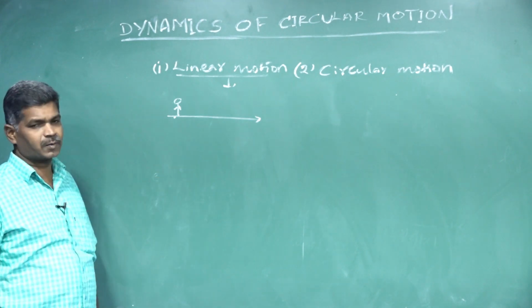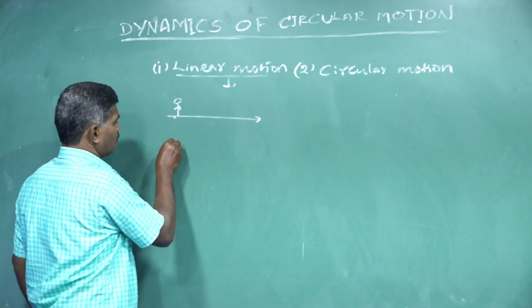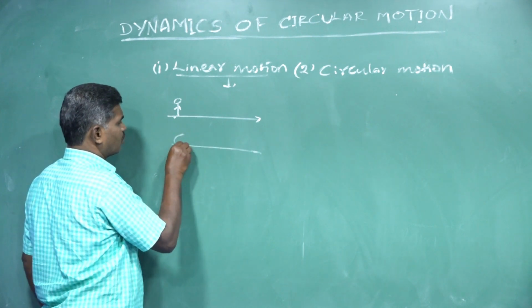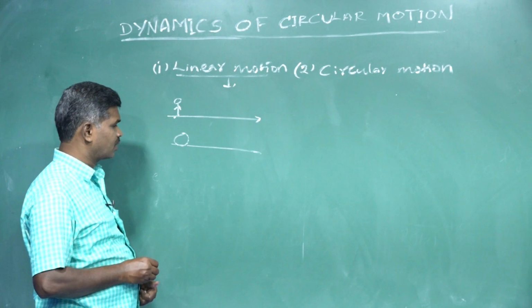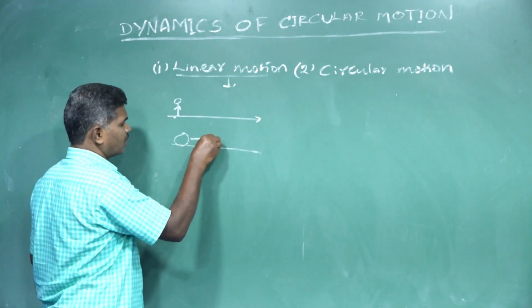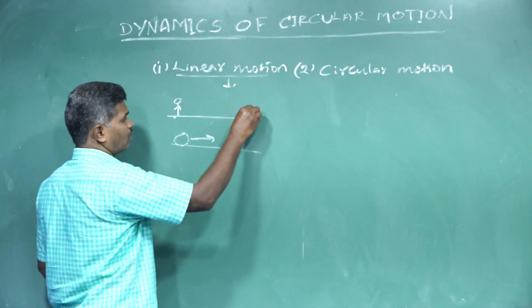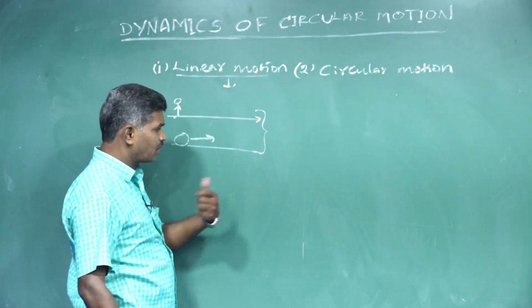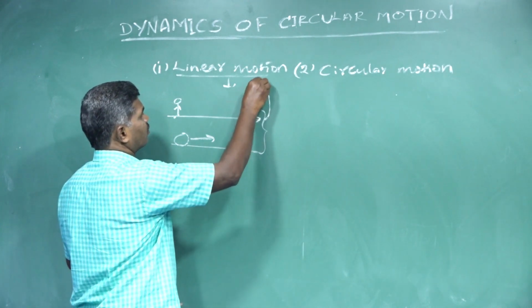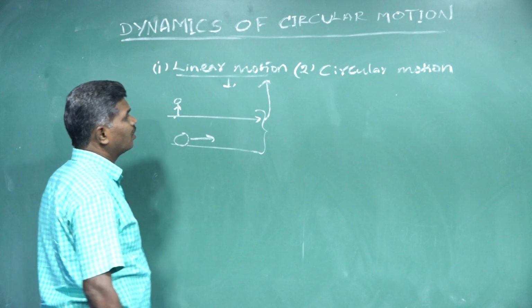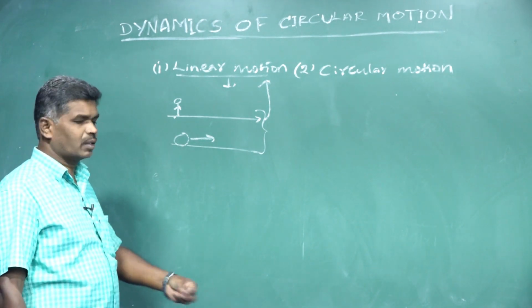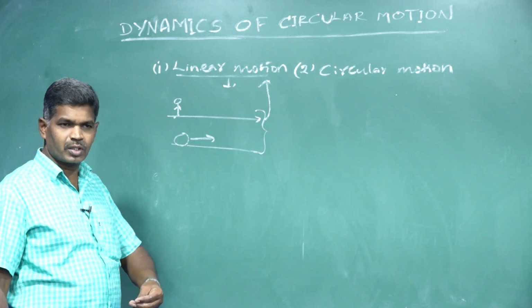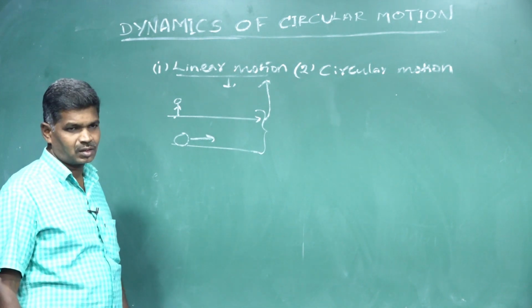Or any object, suppose any circular or spherical shaped object moving in one particular direction, this type of motion is called a linear motion. So linear motion means a particle can move in a straight line.